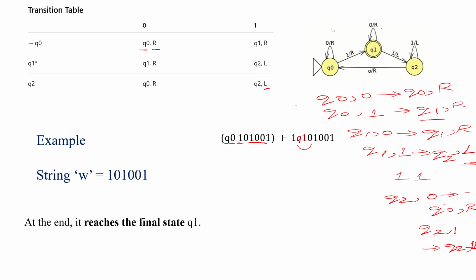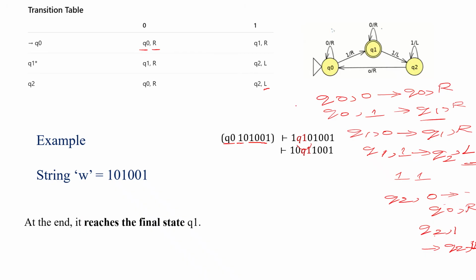Q1 with 0 gives state Q1 with the right-hand side direction. So the Q1 will move next to 0. The 0 will come here, and Q1 moves in the right-hand side direction.